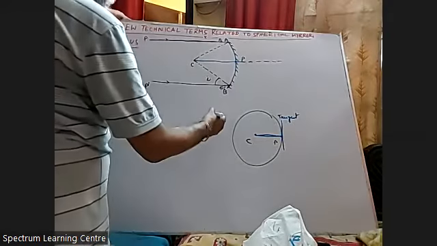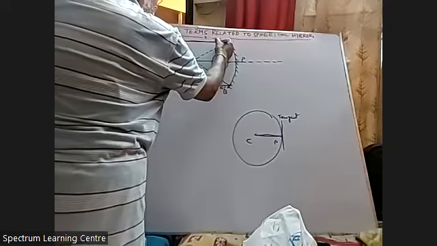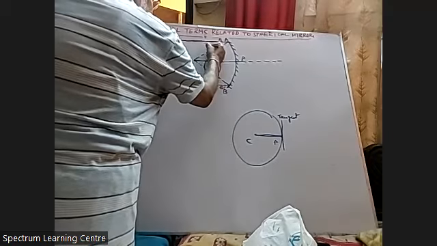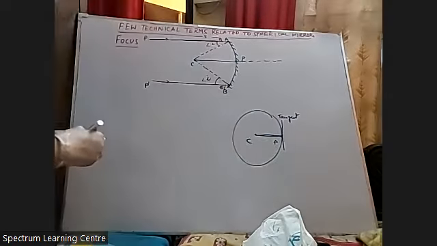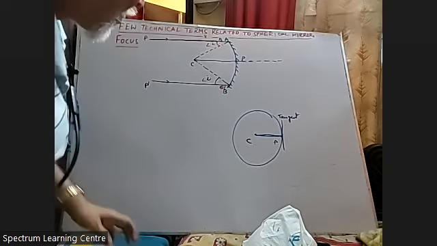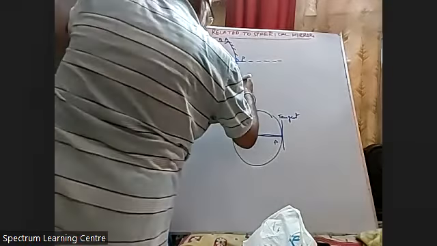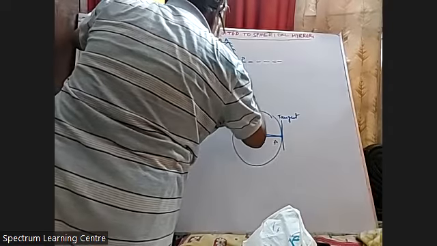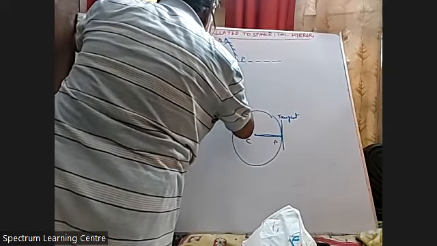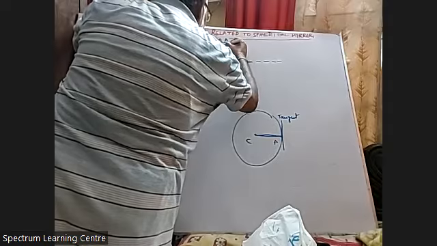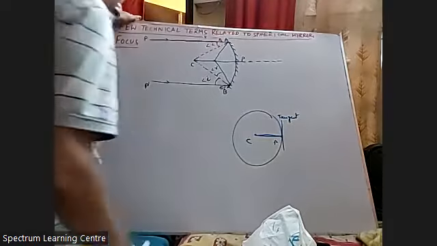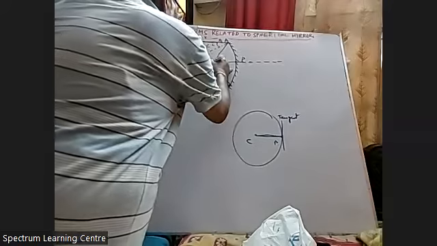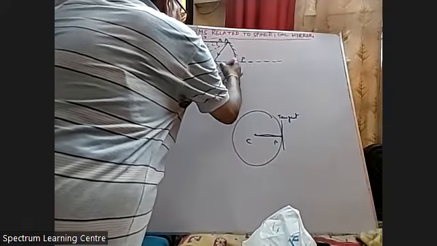Incident ray PQ, for this angle is I, the angle of incidence. So it follows the law of reflection. It will go somewhere here. Here, angle R. Right? This is denoted by focus.